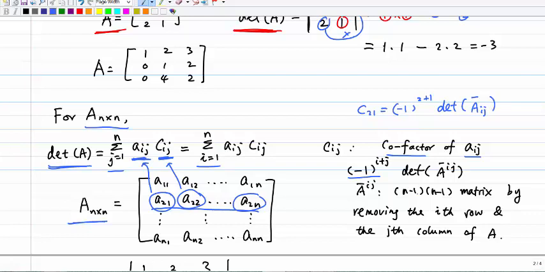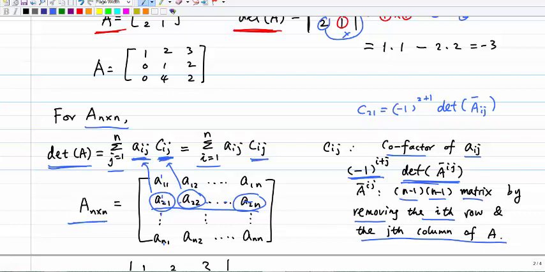A bar ij is what you get by removing the row and the column that this entry is on. So you get an n-1 by n-1 matrix by removing the ith row and jth column of A. You reduce the size of the matrix by 1: originally it's n by n, now it's n-1 by n-1, and you compute the determinant of this, times -1 to the i plus j. This is the cofactor.